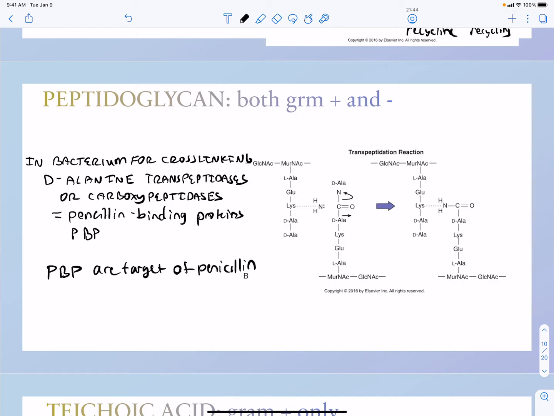So penicillin and penicillin-like antibiotics prevent the cross-linking, and so the integrity of the cell membrane is lost. And so all the beta-lactam antibiotics are going to target penicillin-binding proteins.